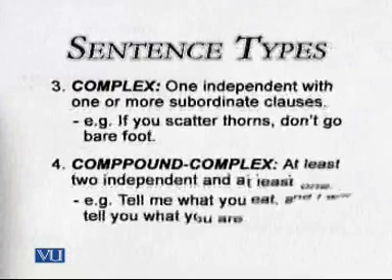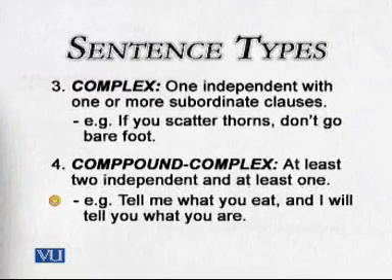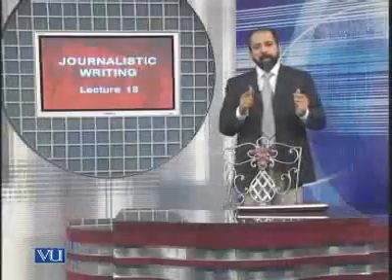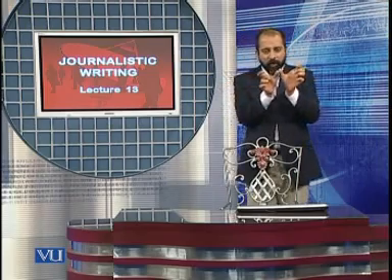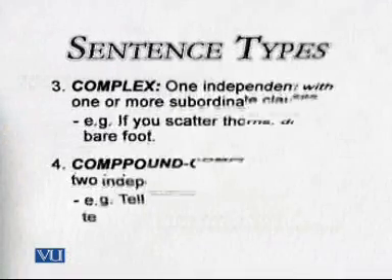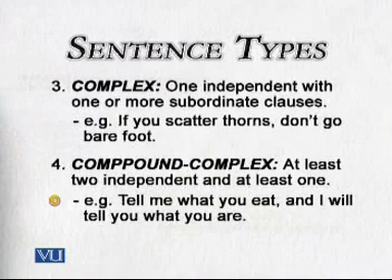One beautiful example of compound complex sentence is, tell me what you eat, I'll tell you what you are. Now, if you see, tell me what you eat. Tell me is a complete idea. What you eat is dependent. And the second part is, I'll tell you what you are.